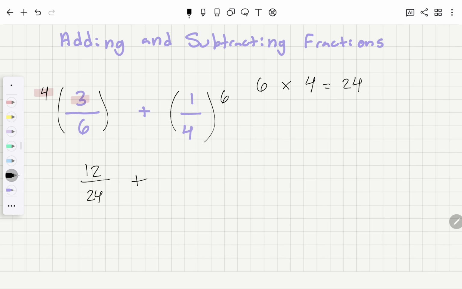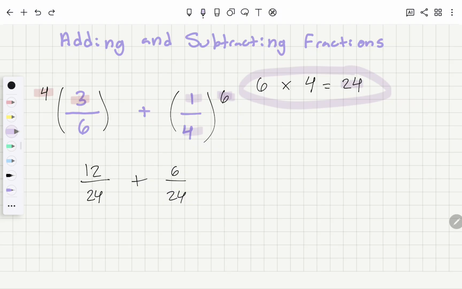Plus, now we have to do 6 times 1. Alright, 6 times 1 I know is 6 over also 24. You can get that 24 by saying 6 times 4 is 24, or just looking over here. This 24 is the same here and here.